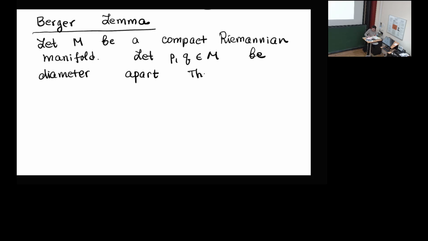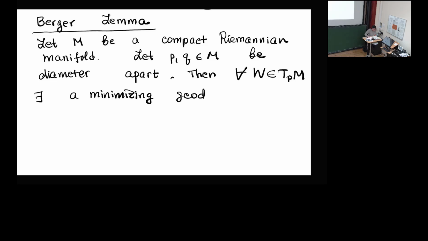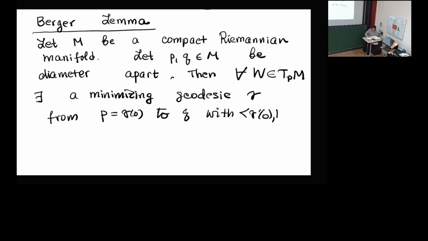Then for all W in the tangent space to M at P, there exists a minimizing geodesic gamma from P to Q with gamma prime of 0 dot W greater than or equal to 0. So geodesics are coming from all directions when your points are a diameter apart.